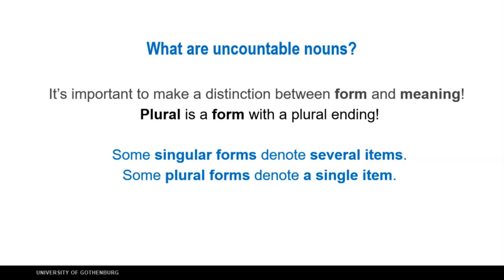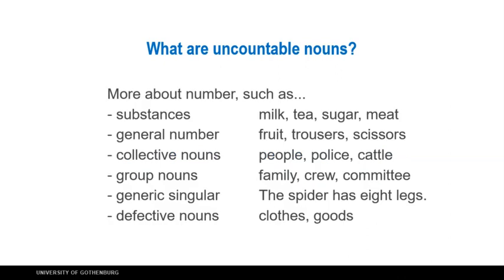There are several instances in both English and Somali where the grammatical form, singular or plural, does not really agree with the meaning of the word. And there are several different types or groups of such nouns, and much more could be said about each of these groups.